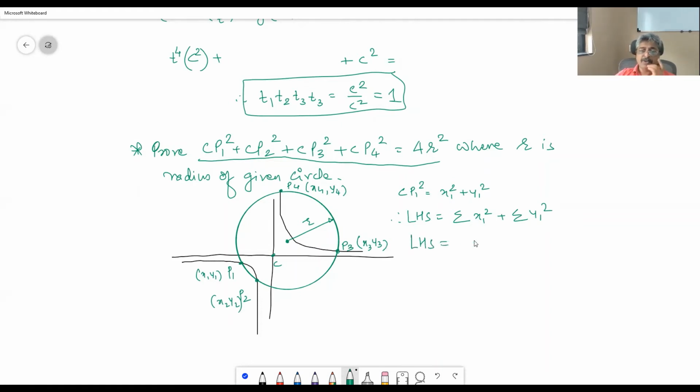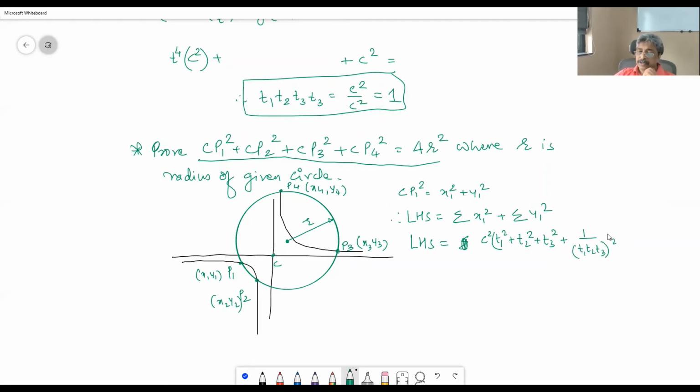LHS is equal to, with the point ct1 comma c upon t1, sigma: c square into t1 square plus t2 square plus t3 square plus t4 square, plus the square of 1 upon t1, t2, t3.